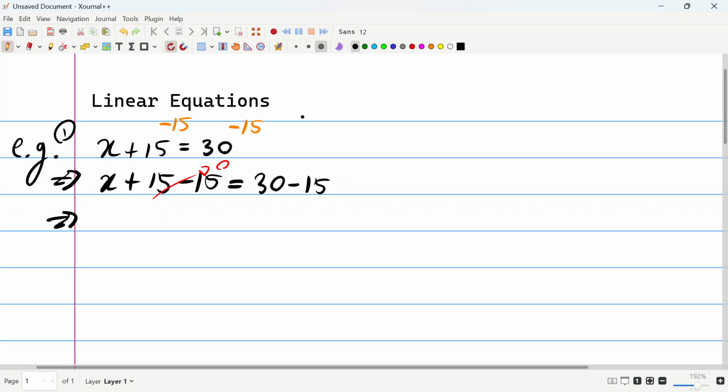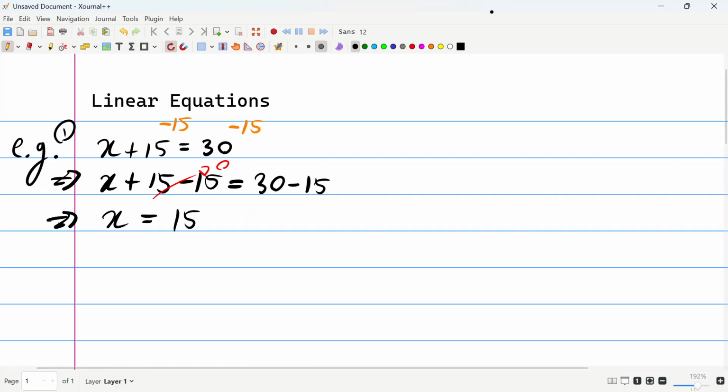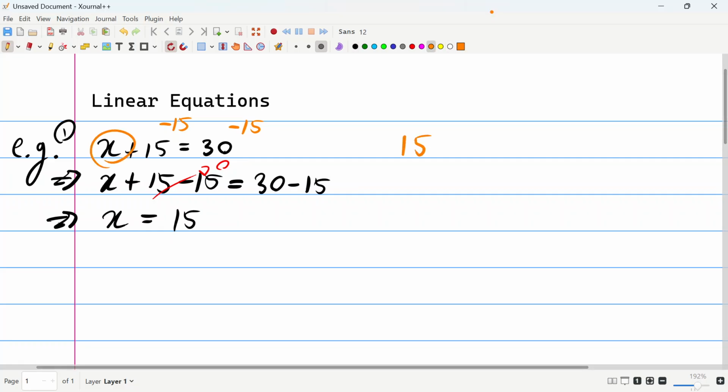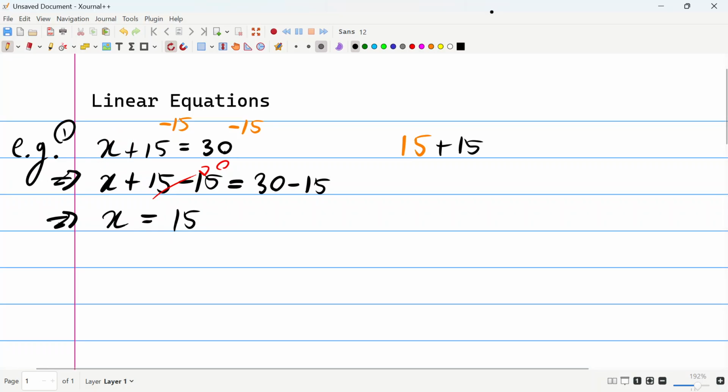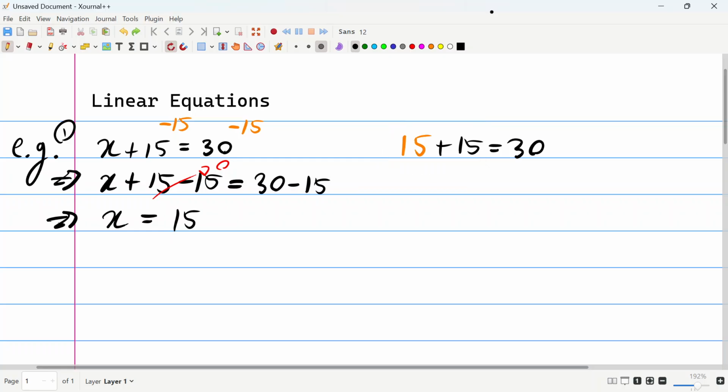They cancel out, so we're left with x on this one side, and then 30 minus 15, which is 15. That is true, because if we plug x equals 15 back into the equation, we have 15 plus 15 is equal to 30, which is true. So it fulfills this equation. And that is the whole point of solving these equations, because this is the whole idea of problem solving.